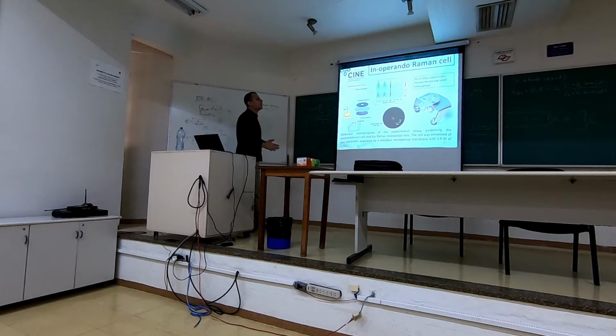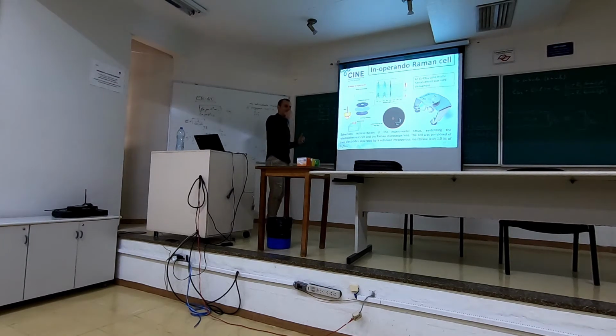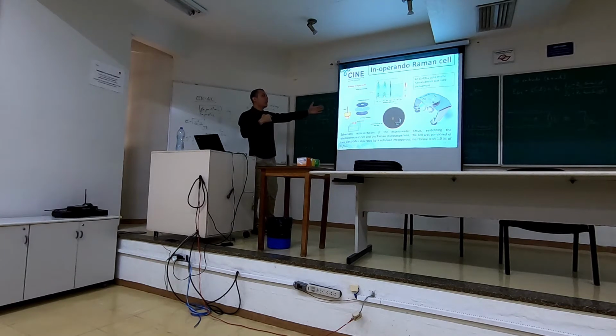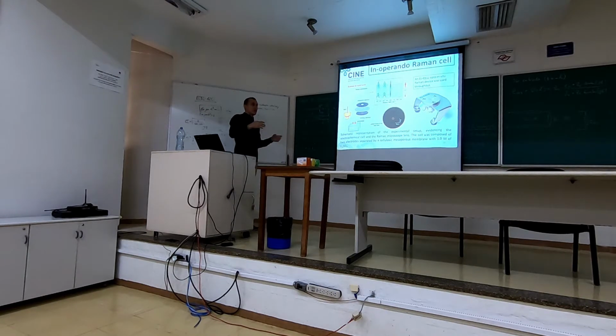On the right side, you can see a real picture of the cell used in this test. This cell is named the Eagle cell, and we used it because it allows Raman spectral acquisition and electrochemical studies at the same time.